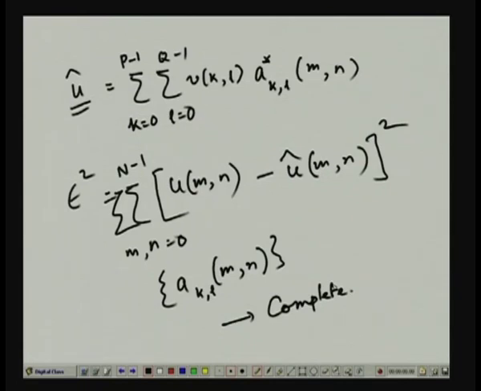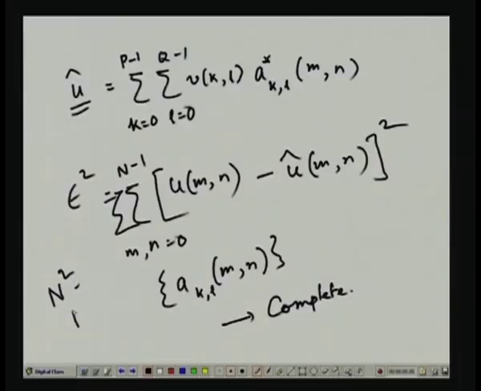Now, another point to be noted here: if you compute the amount of computation involved, you find that if n square is the image size, the amount of computation needed both for forward transformation and for inverse transformation will be of order n to the power 4.